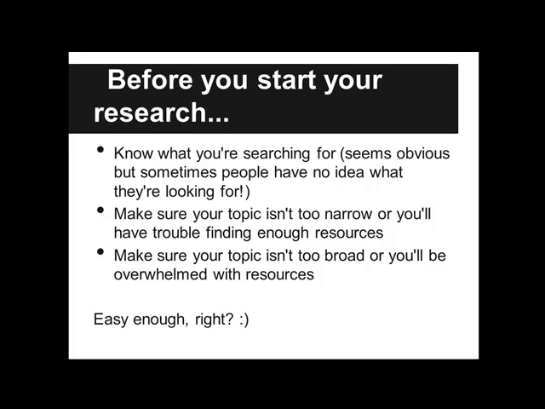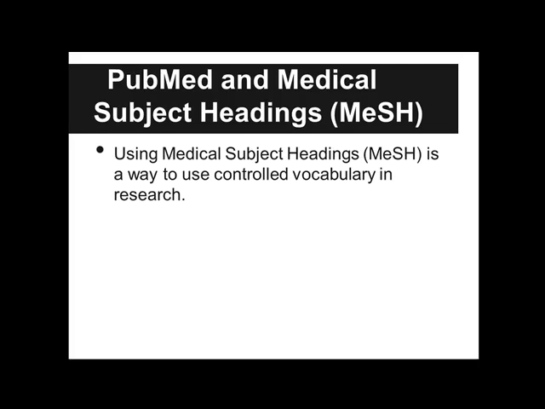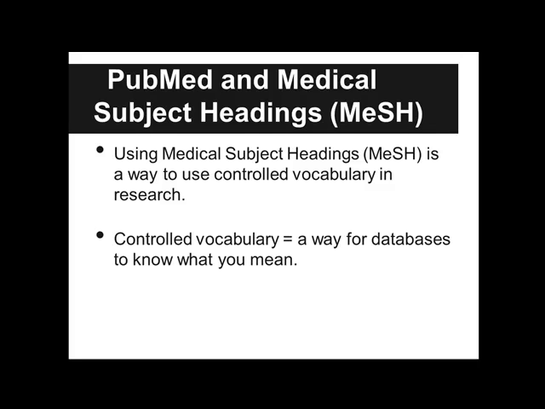Sounds easy enough, right? When you have a topic in mind, the first thing you should do when conducting nursing research is to find the controlled vocabulary that the database uses. Controlled vocabulary allows you to use consistency in research, reduce spelling errors, get more precise results, and help the database know what you're really looking for.